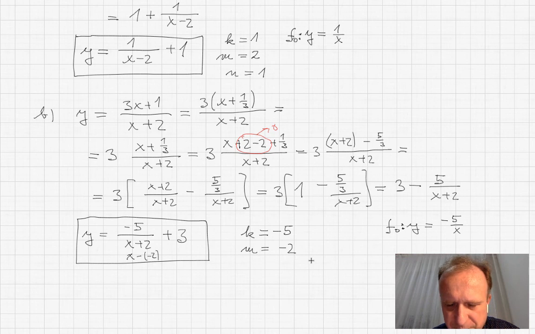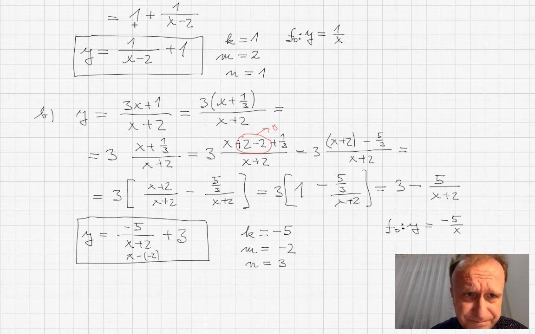So it's shifted by negative 2 units, so actually by 2 units to the left, and n equals just 3, so the graph of this original function has to be shifted through 3 units upwards, and this would be the graph of the original reciprocal function.